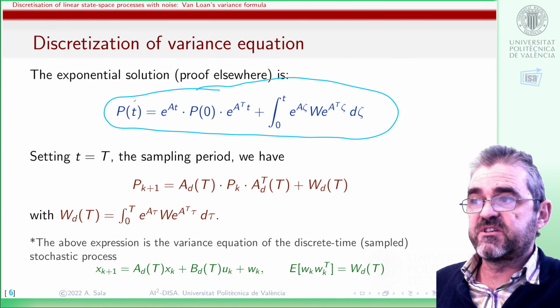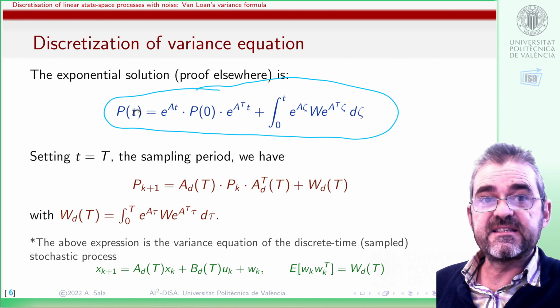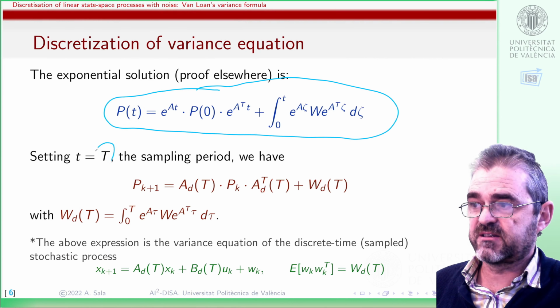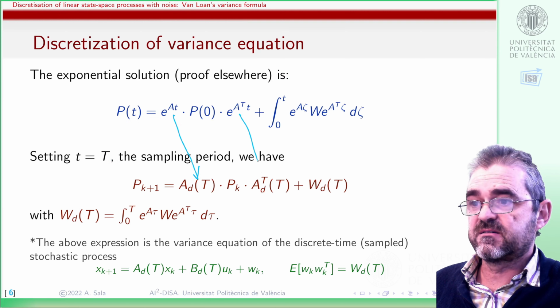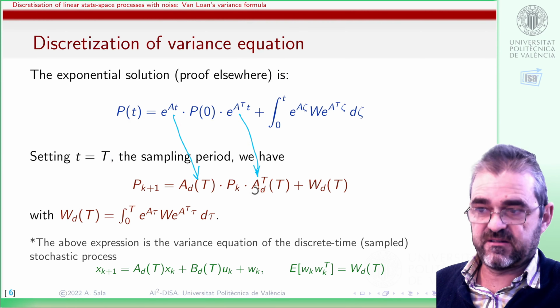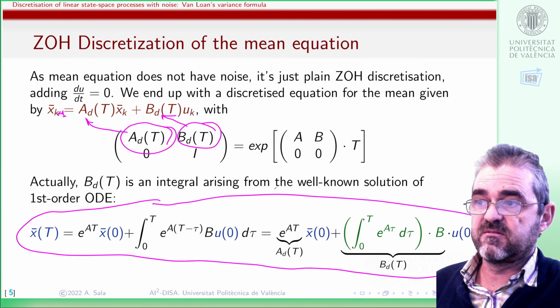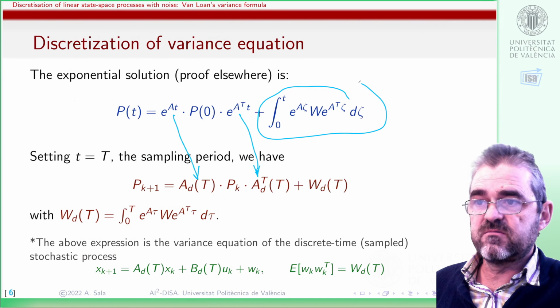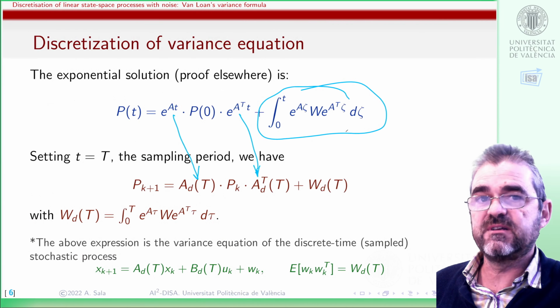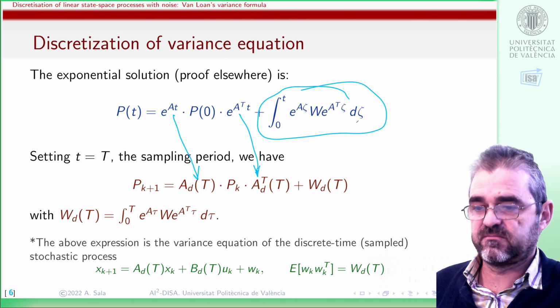If we are discretizing, we just need to replace lowercase t by uppercase T, the sampling period. So we'll get the A matrix and A transposed matrix discretized, the same as in here, but we have this new stuff here, which is a double integral of exponentials.